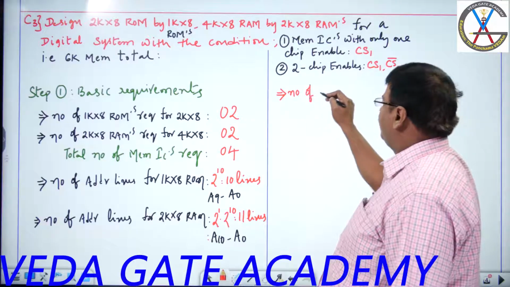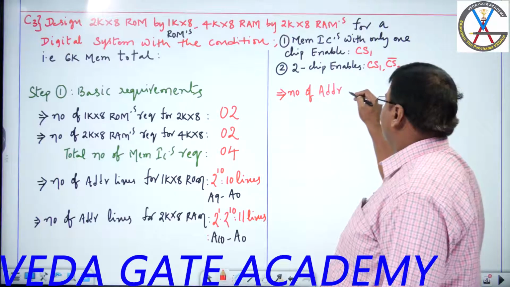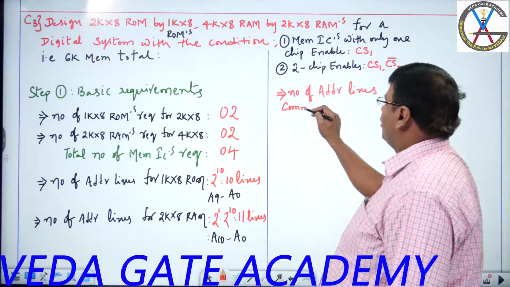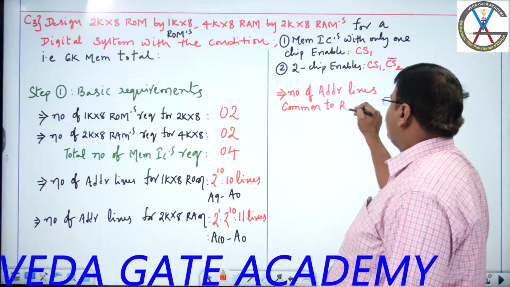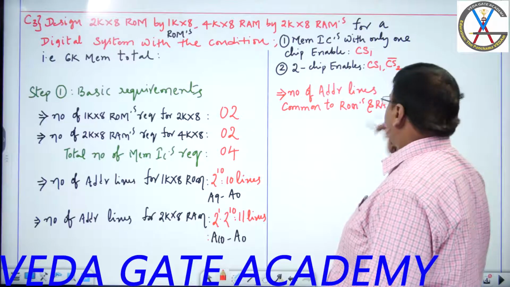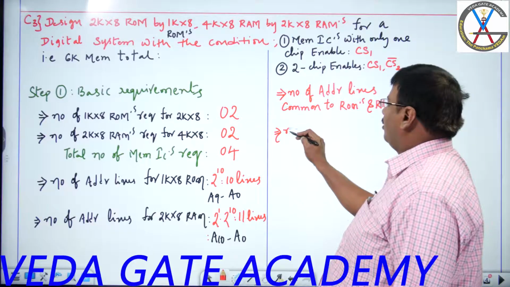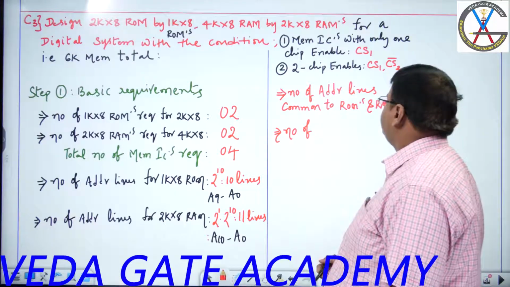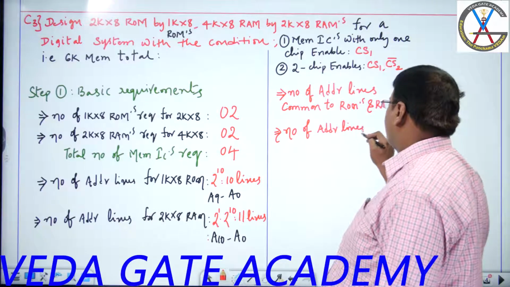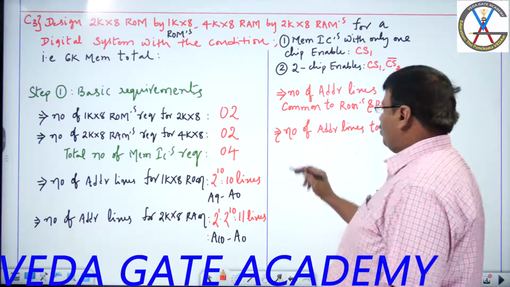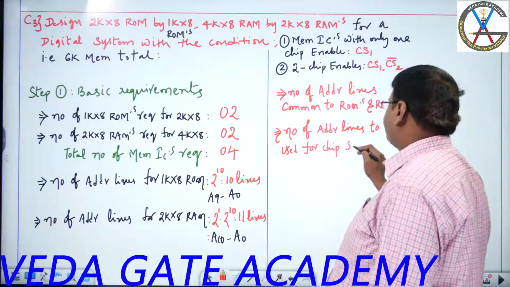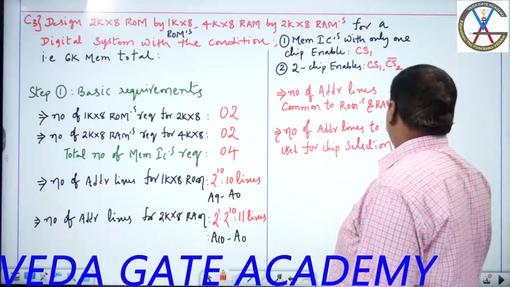Number of address lines common to ROMs and RAMs, and number of address lines to be used for chip selection, or I can say memory enabling.